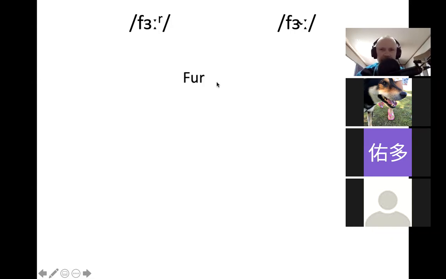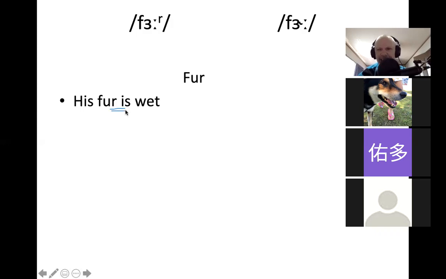Okay, anyway, it's fur. His fur is wet, right? So you'll notice in this case, his fur is wet. Okay, it's kind of difficult to explain really, but his fur is wet. You hear the R, fur is wet.